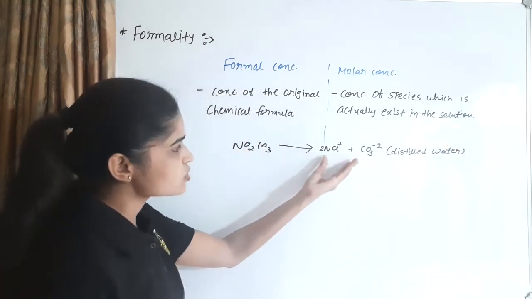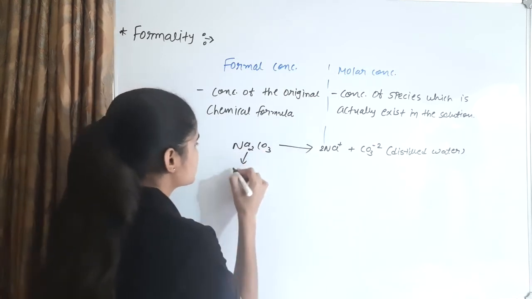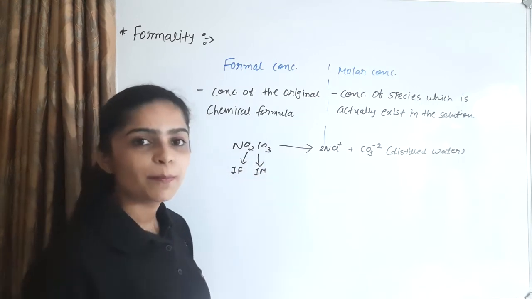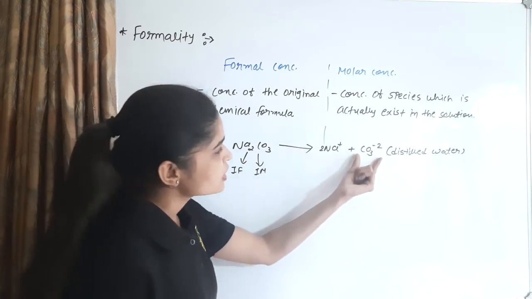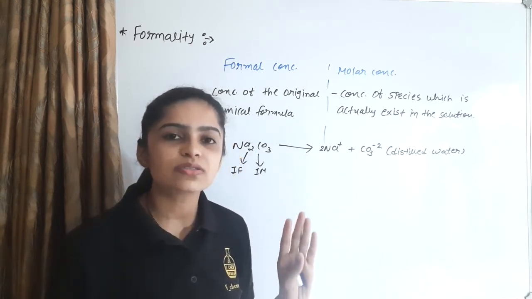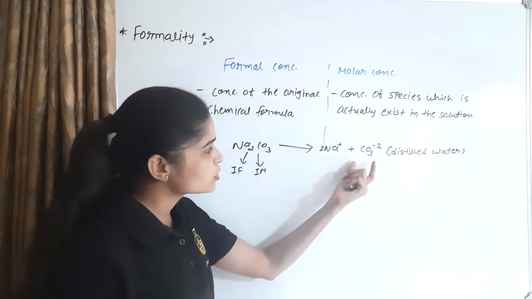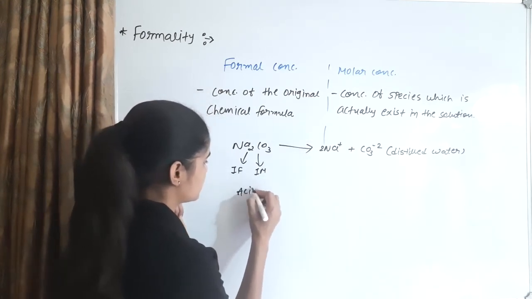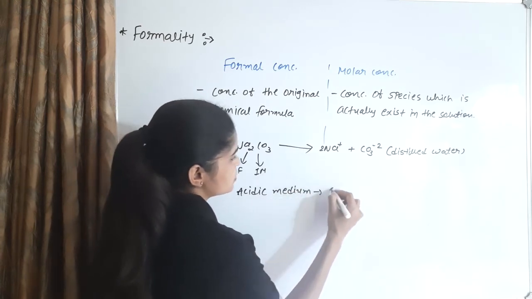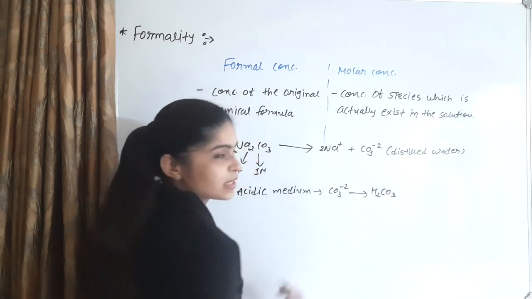So the concentration of Na2CO3 gives 1 formal and 1 molar. But when CO3 minus 2 is in an acidic medium, CO3 minus 2 is converted into H2CO3.